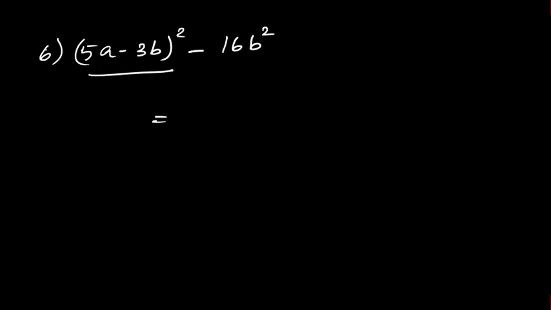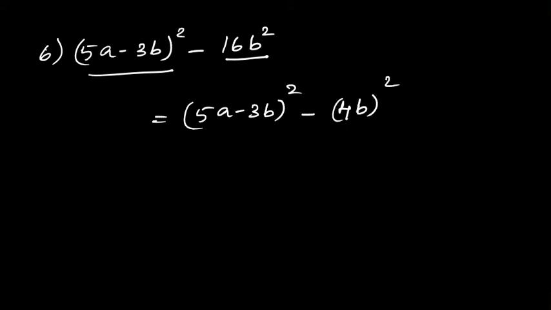Sixth question, factorize 5a minus 3b the whole square minus 16b square. So here this is a square, but this value is not there in the form of b square. So we'll write 5a minus 3b the whole square minus 16, you can write it as 4 square, so we get 4b the whole square. So now we have a square minus b square form. Substitute in the formula, a value is 5a minus 3b and b value is 4b.